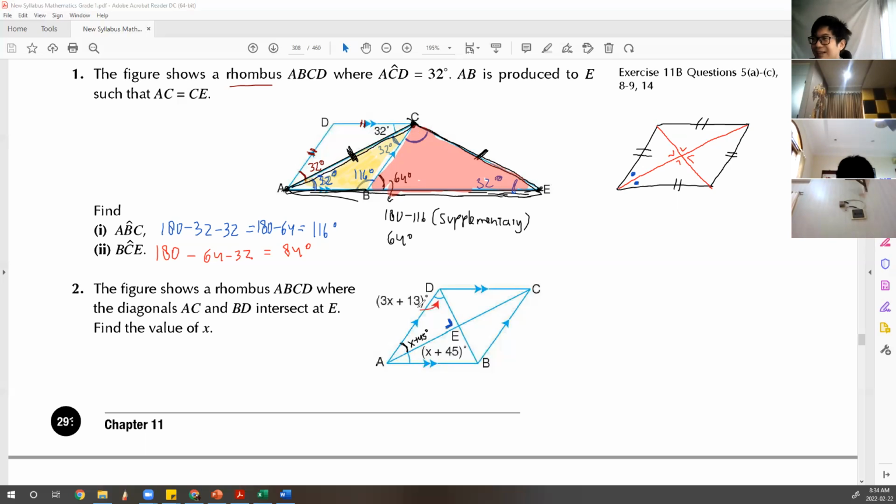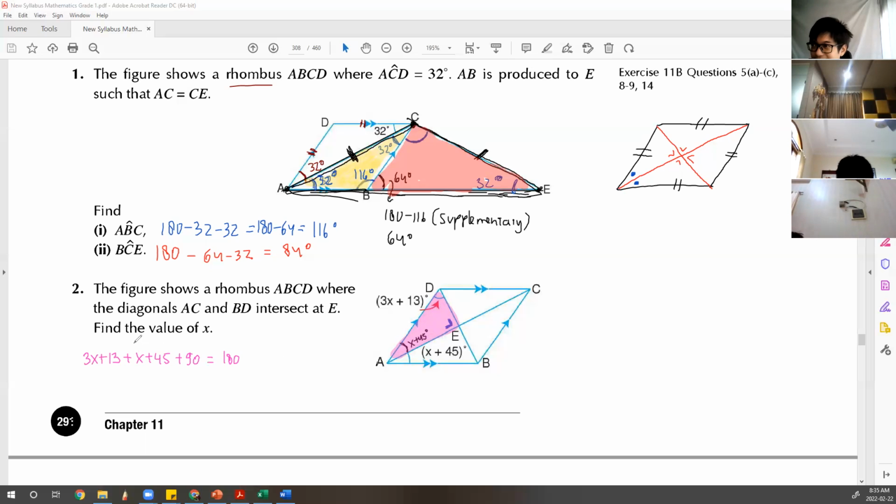Okay, and we can see the triangle clearly enough. Look at the pink one, cute pink triangle. So if you add all the angles, I mean, 3x plus 13 plus x plus 45 plus 90 equals 180 degree, right?